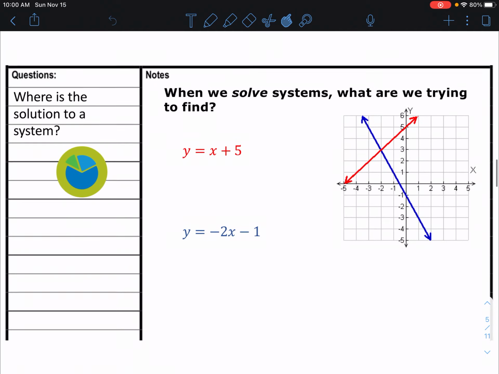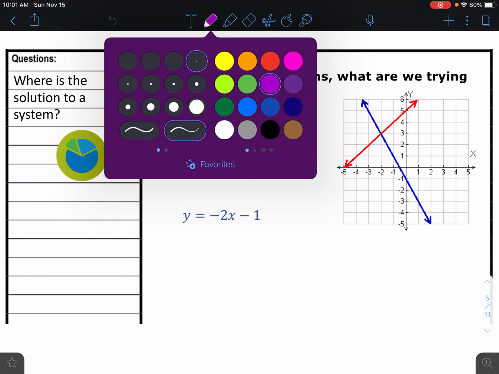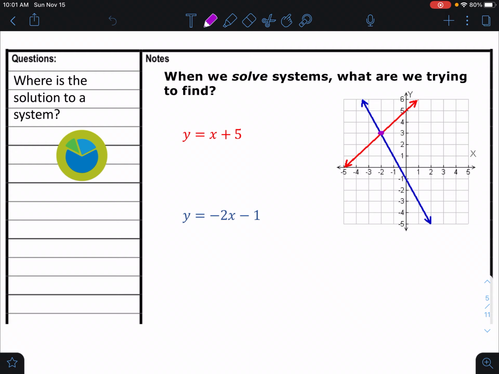All right, so when we solve a system, we said ours is going to be linear. So what are we trying to find? We're really trying to find the point that they both have in common. So the point that they both have in common, in this case, would be where they intersect. So that would be this point right here, and that's the point -2, 3.